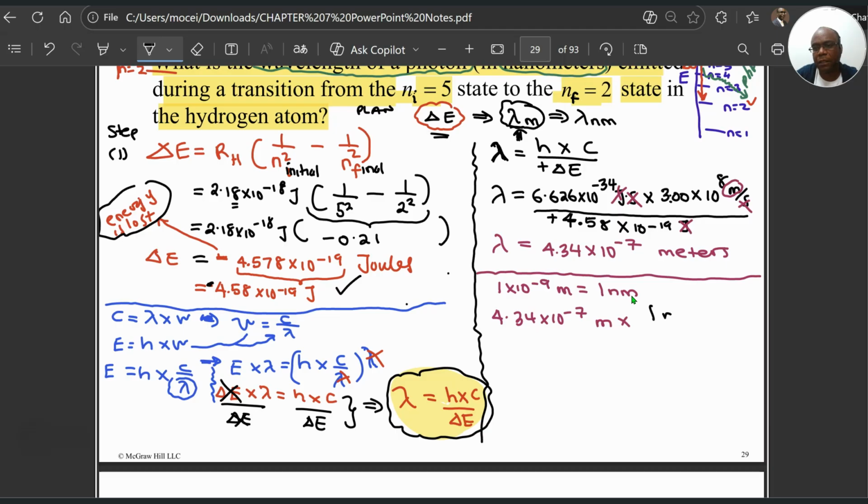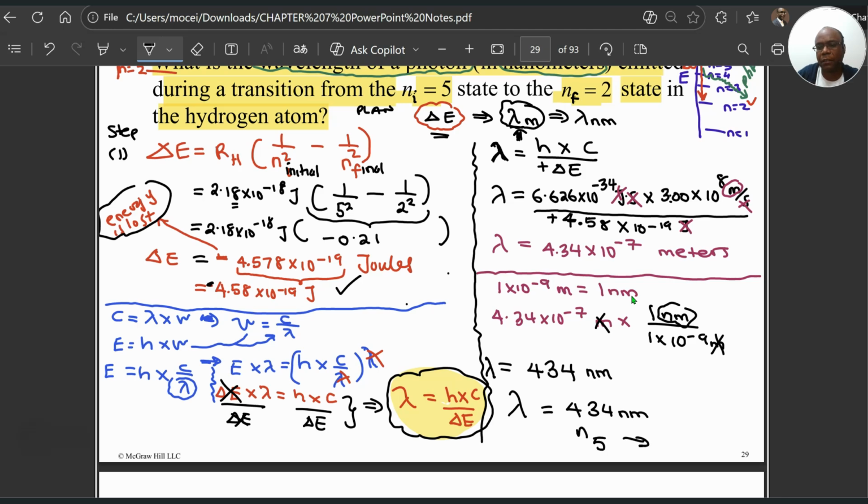I want nanometers in the numerator because that's where I'm going. So 1 nanometer is equivalent to 1 times 10 to the power minus 9 meters. Doing so, meters and meters will cancel. We are left with our answer in nanometers, and this answer is going to be 434 nanometers for the wavelength of a photon transitioning from n equals 5 to n equals 2.